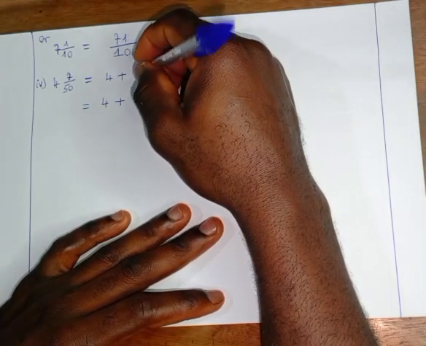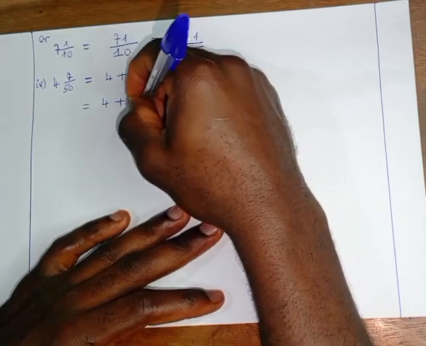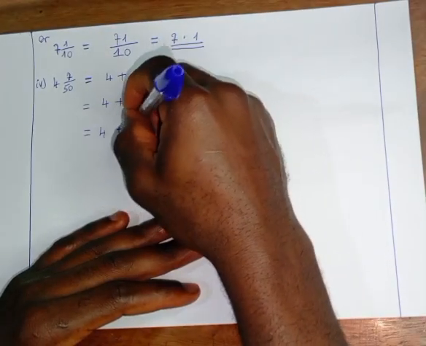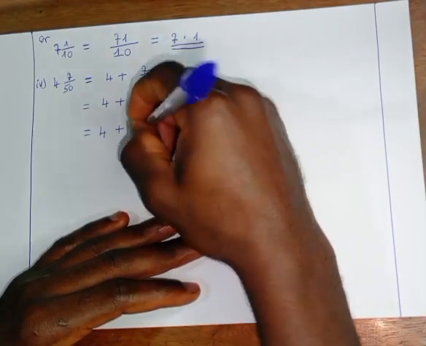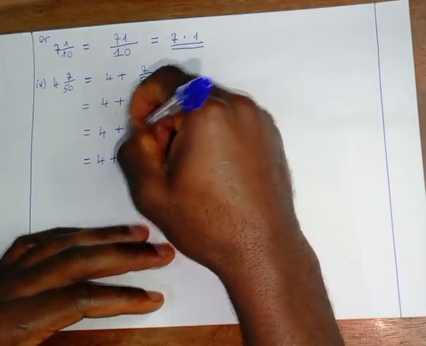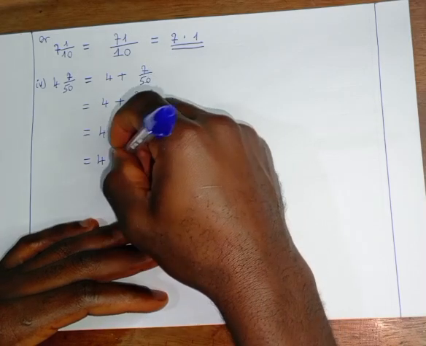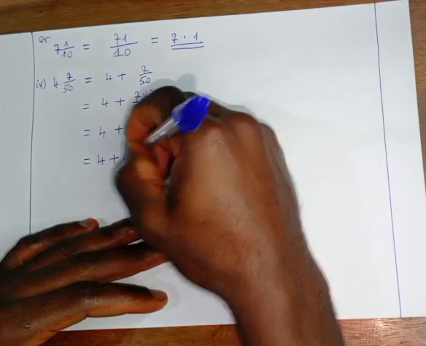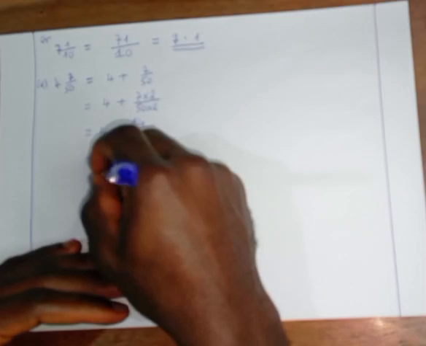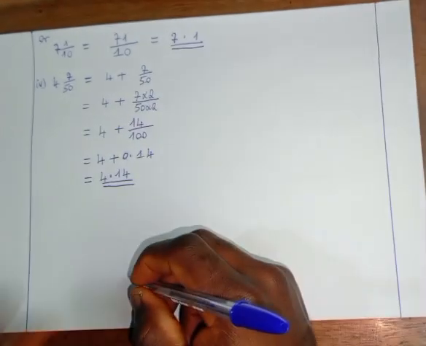We are going to multiply both the numerator and the denominator by 2. 50 times 2 gives us 100. So this will be equal to 4 plus 14 over 100, which will give us, we're going to move the decimal point at the numerator 2 places to the left, 0.14. This will simply be equal to, you're going to replace the whole number part 0 with 4. 4.14. This is the answer.